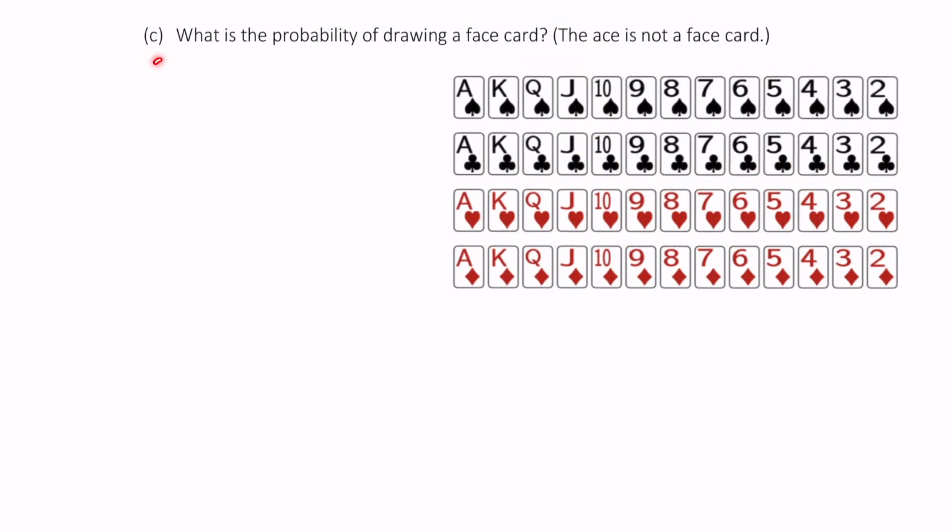Part C. What is the probability of drawing a face card? And as a note here, the ace is not a face card. The face cards are the king, queen, and jack, and they're called face cards because they have faces on them. Well, really quickly, we have 3 face cards per suit. So that's 12 total face cards.